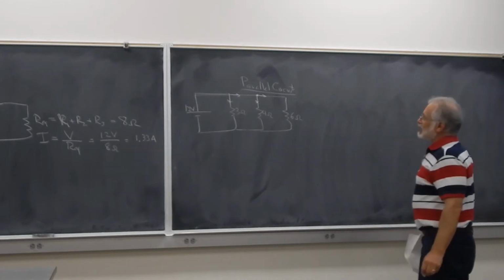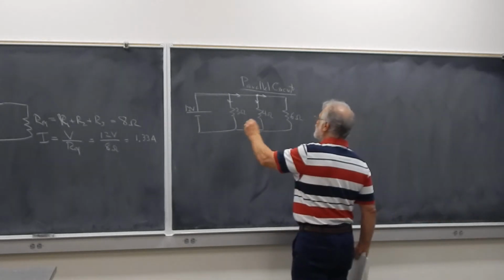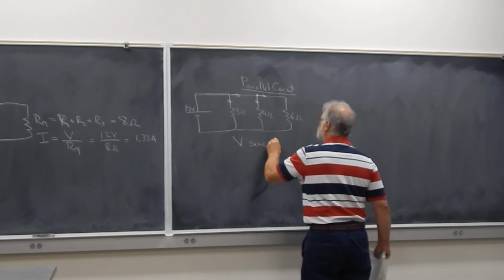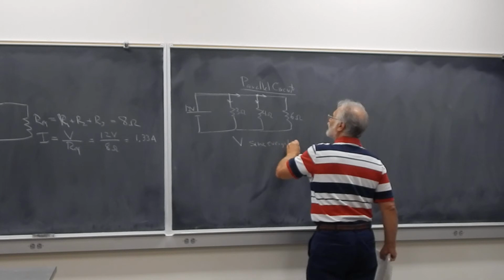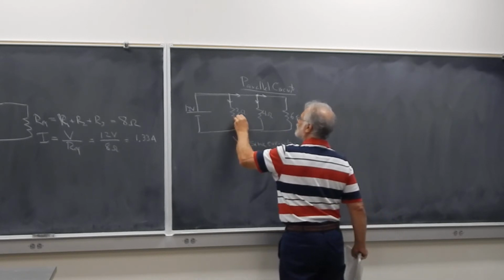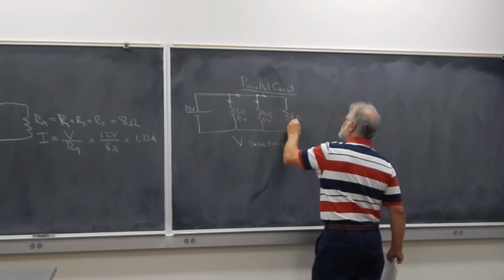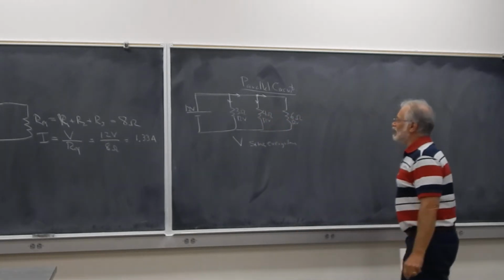What that tells us is that in a parallel configuration, the voltage is the same everywhere. So the voltage across the 3 ohm resistor is 12 volts, across the 4 ohm is 12 volts, across the 6 ohm is 12 volts.